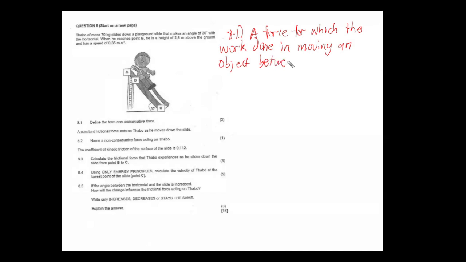Then 8.1 says, define the term non-conservative force. What is a non-conservative force? We say it is a force for which the work done in moving an object between two points depends on the path taken.